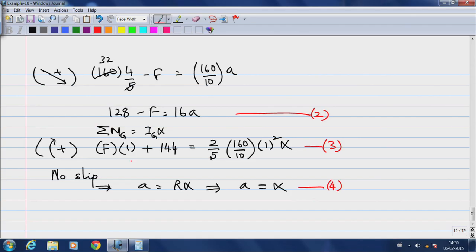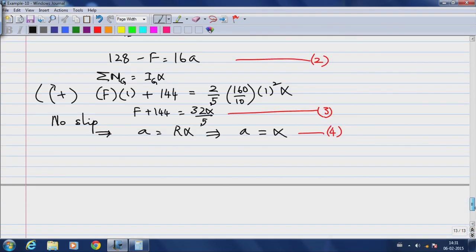Let me simplify 3. F plus 144 equals 32 alpha over 5. Okay, so let us now solve these equations.